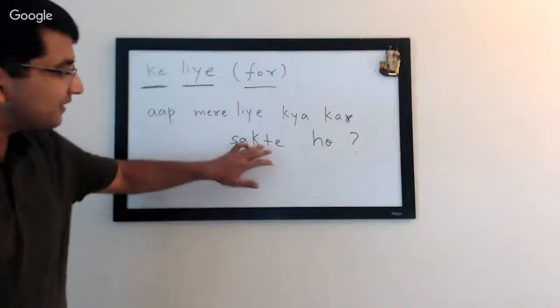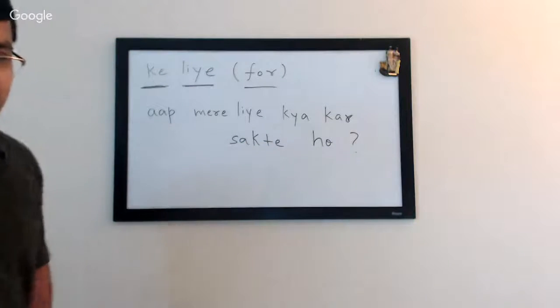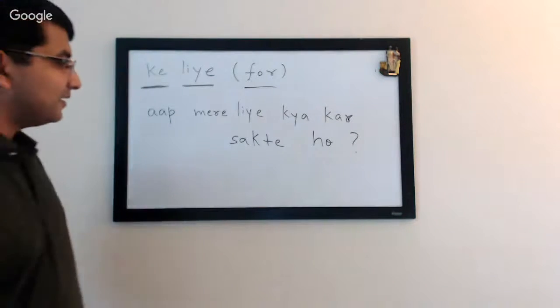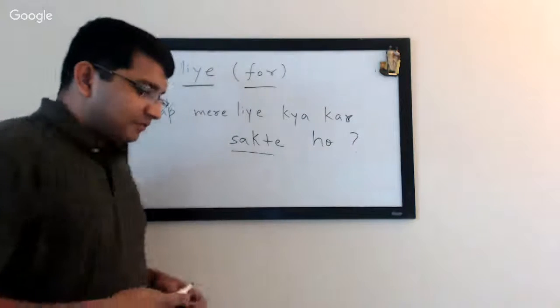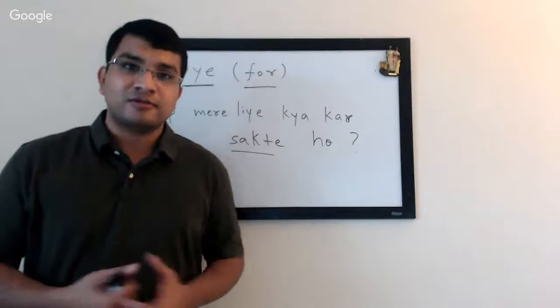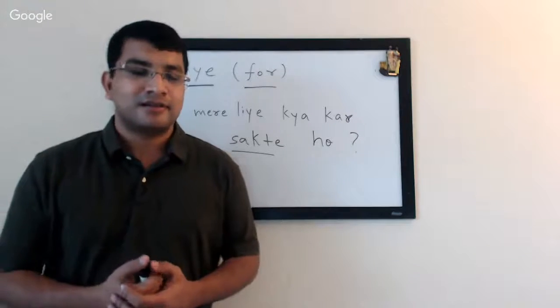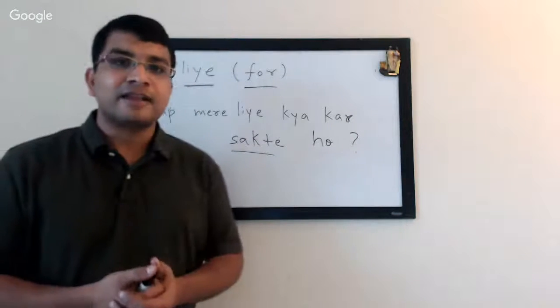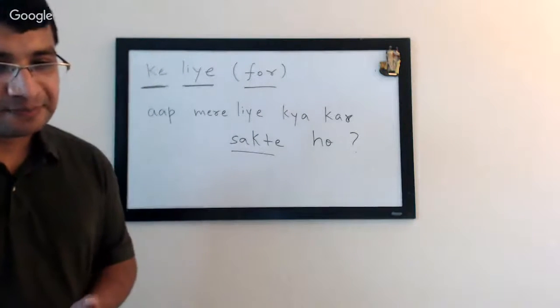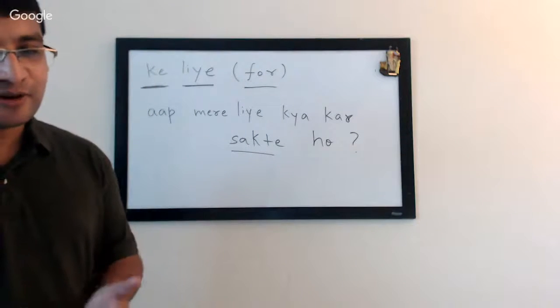Okay. You make a guess and I'll tell you what is sakna. For example, when you say मैं दौड़ सकता हूँ, it means I can run, right? मैं पढ़ सकता हूँ, I can read or I can study. I gave you a lot of clues.